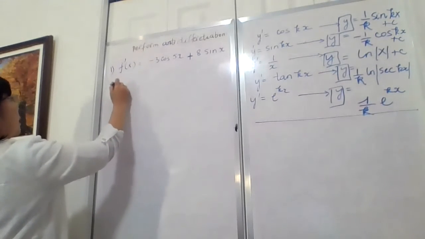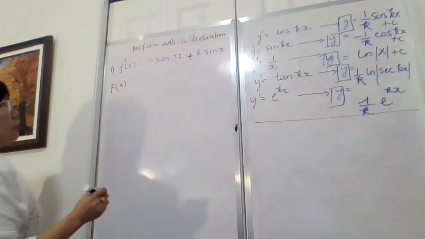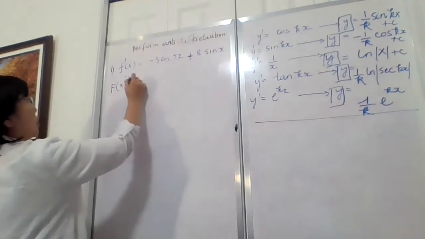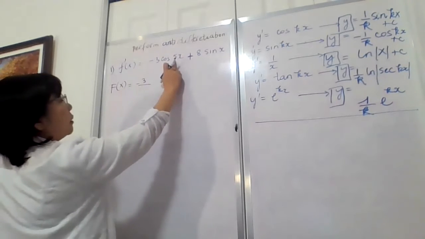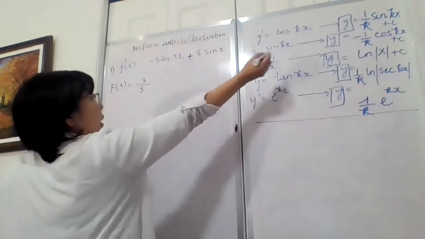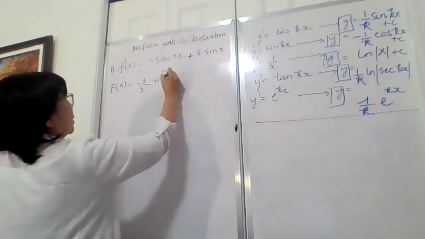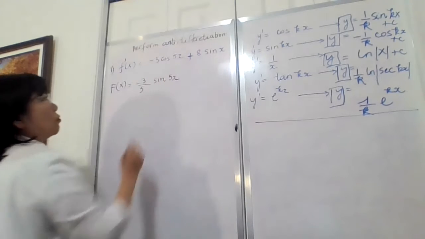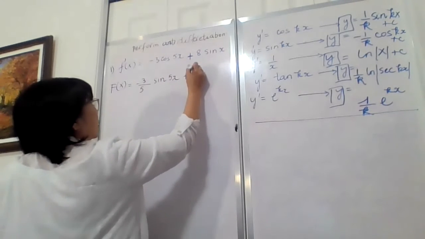So now our original function will be minus 3 over, the k here is 5, so it will be over 5, and the antiderivative of cos is sin 5x. So we're done with this one. Now we go to the next one, which is 8 sin x.